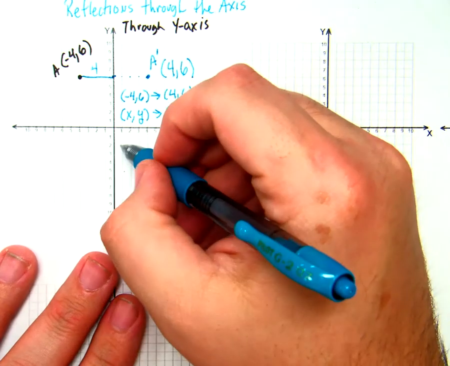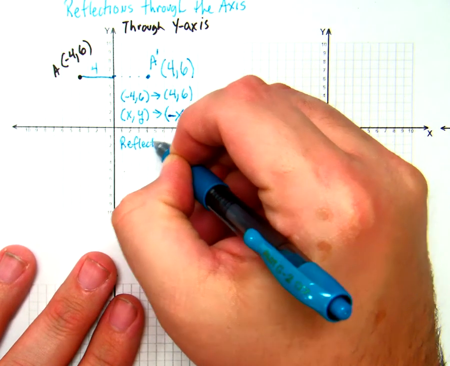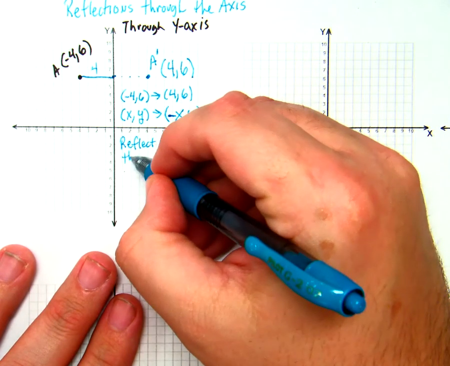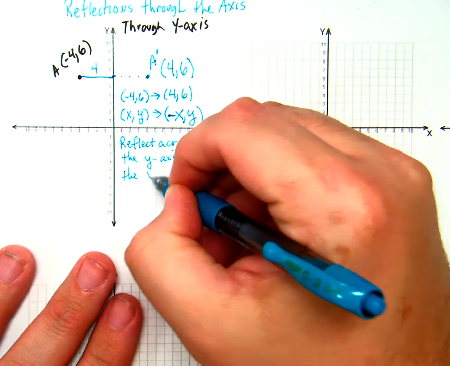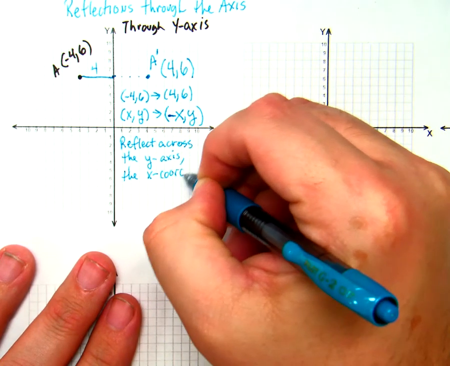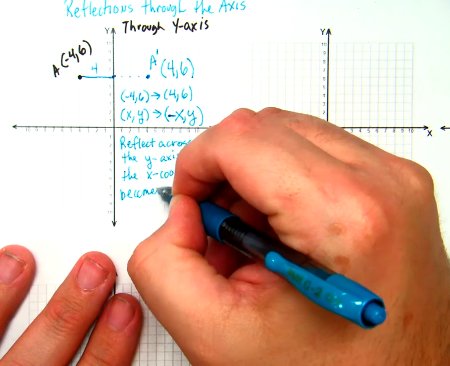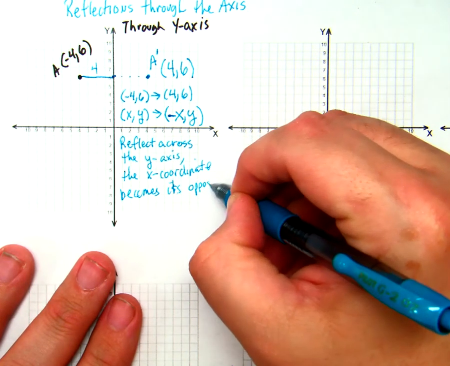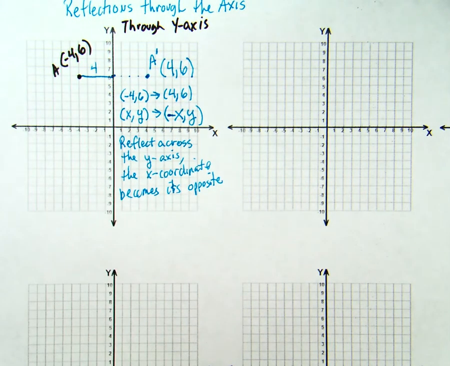So we could say if we reflect across the y-axis, the x coordinate becomes its opposite.